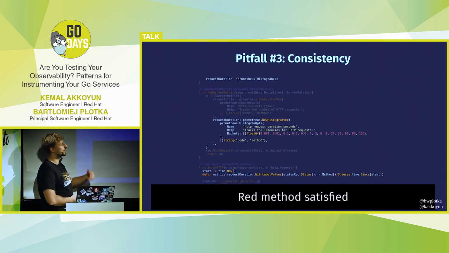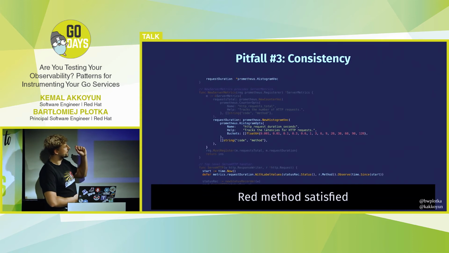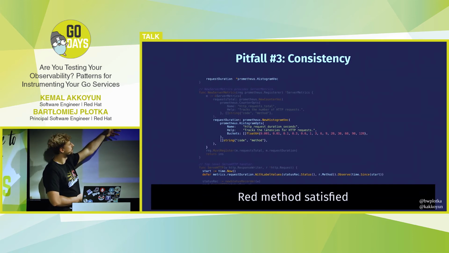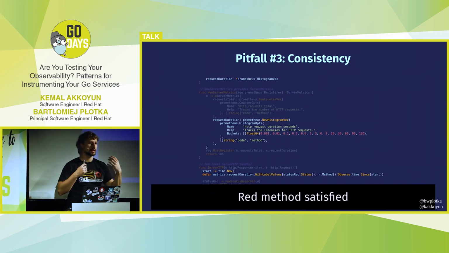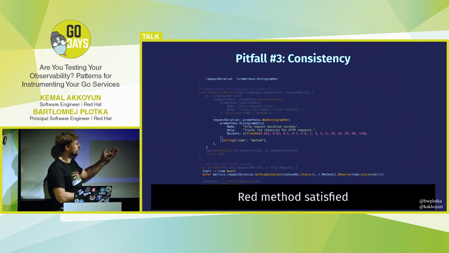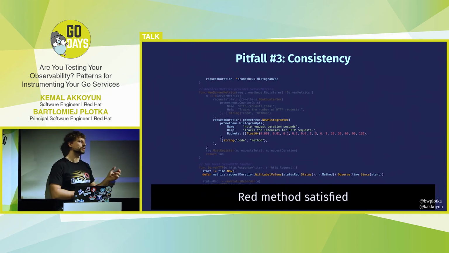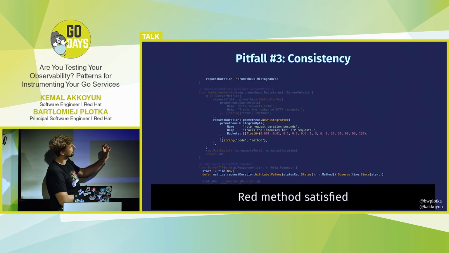We just need to add a histogram. And histogram allows our serve HTTP wrapper to observe how long the request took, and then it puts the observation, not exact values of those, but into certain buckets that you have here.